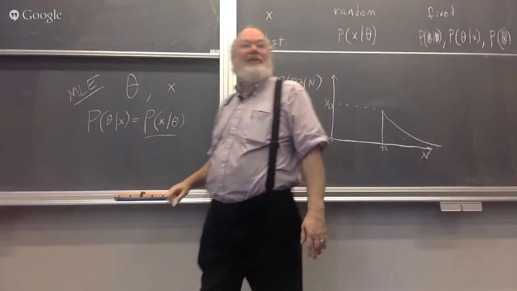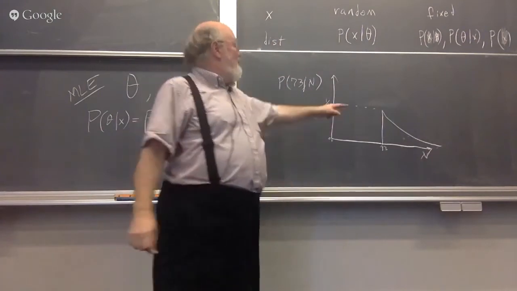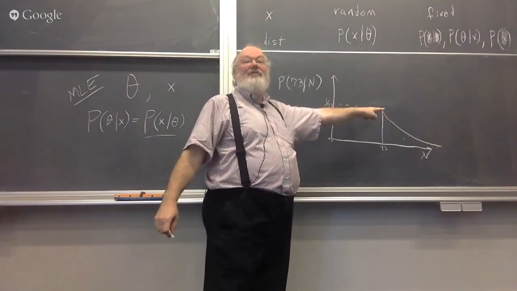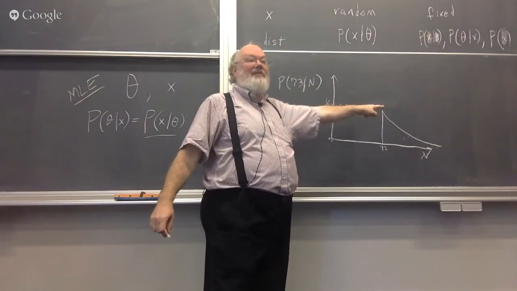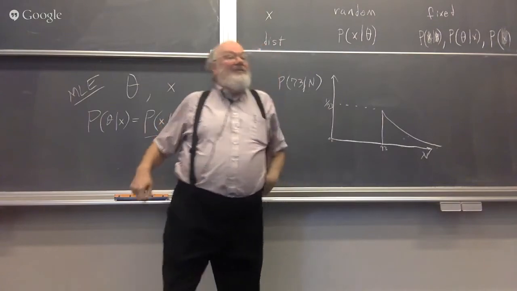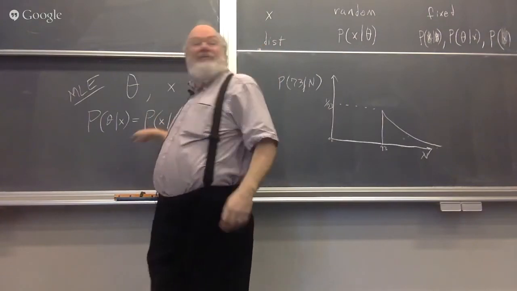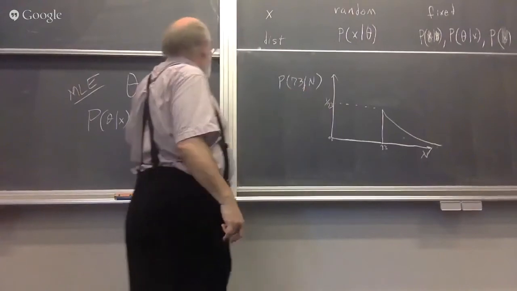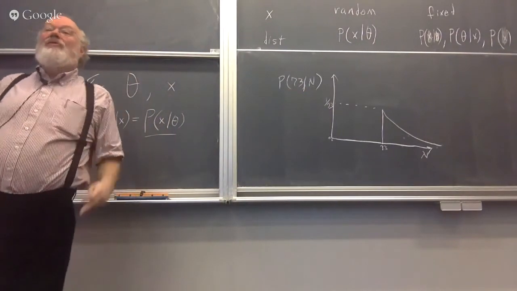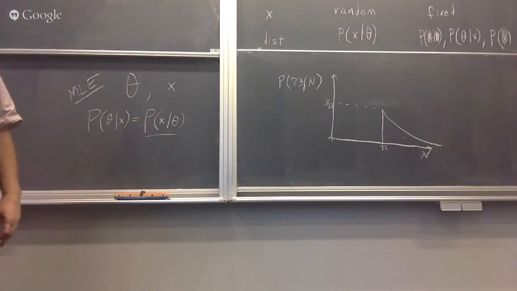And then it goes tailing down like 1 over n. The maximum likelihood value of this is 73. So my best guess, the maximum likelihood estimator of the number of taxis, the maximum value of this quantity, is 73. And what we normally do in statistics is take that as our estimate of theta, the actual number of taxis. Does it seem like a good estimate to you?